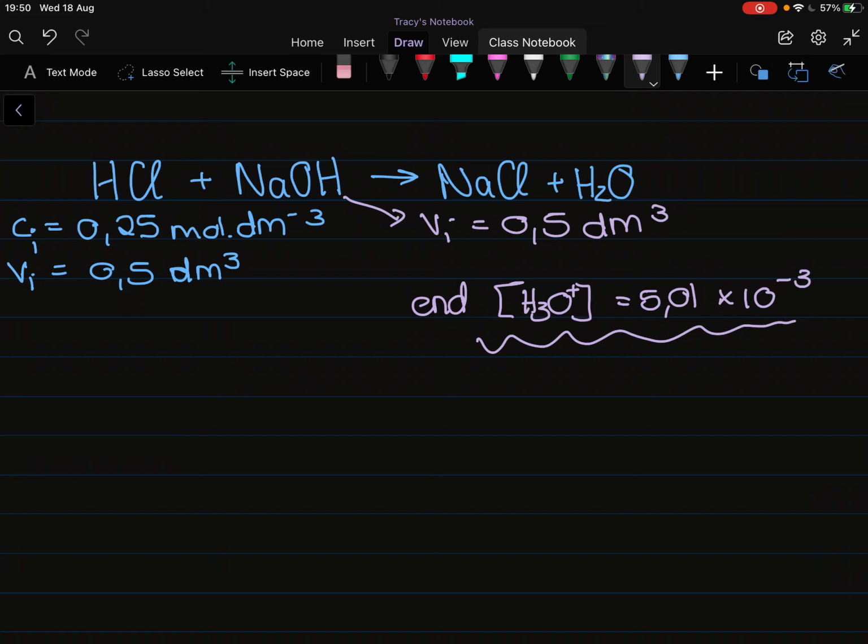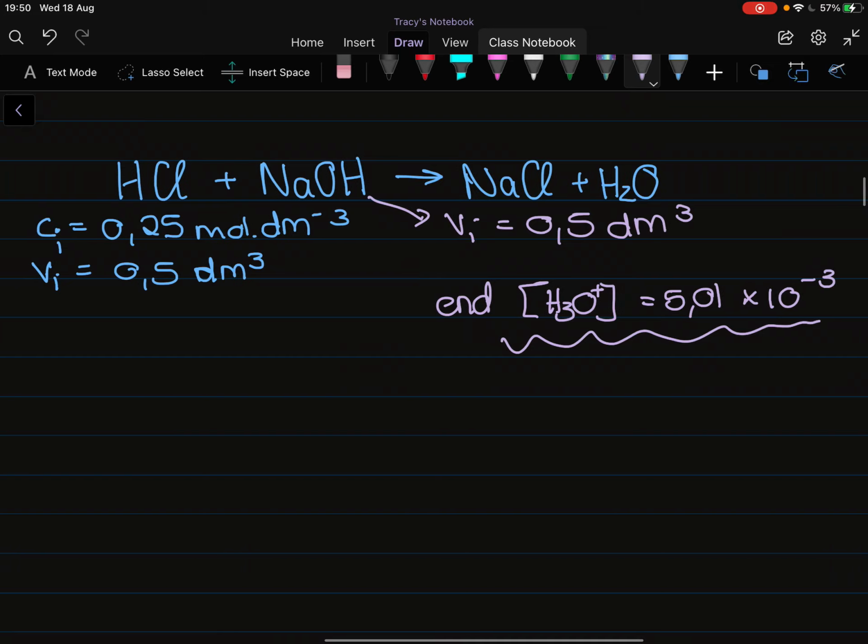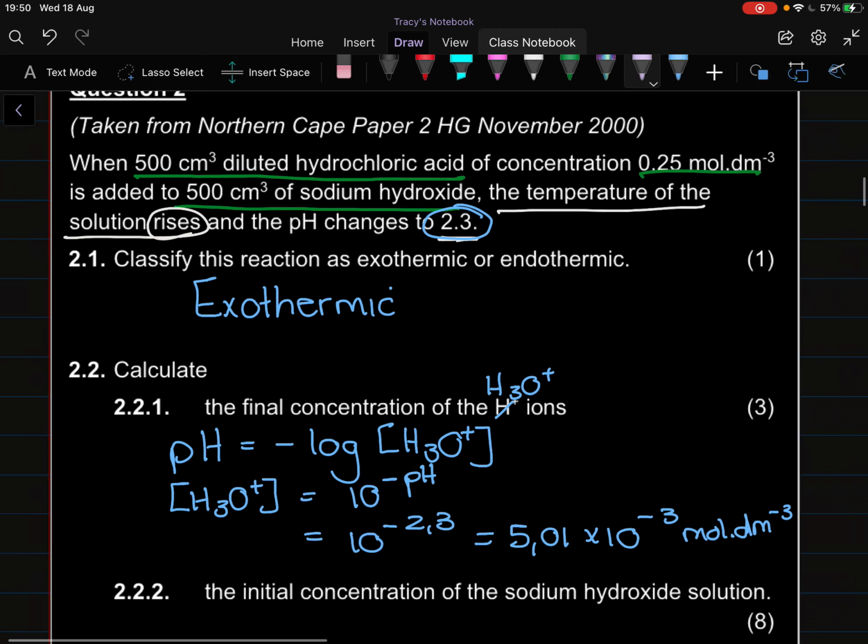Okay? That's what's left over. So, this is a comparison thing. What I need to work out, okay, is how much NaOH reacted with the HCl.